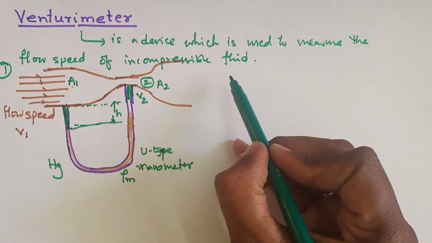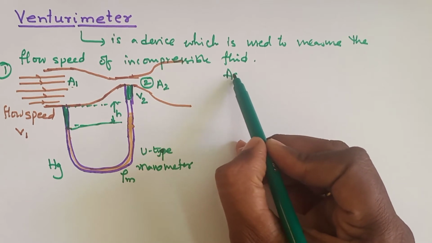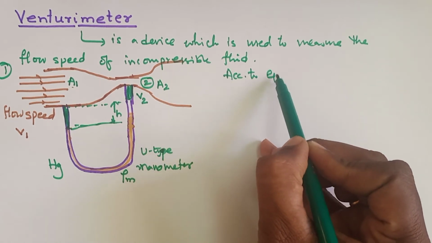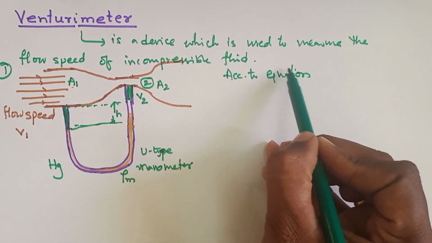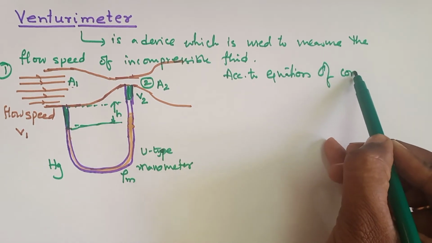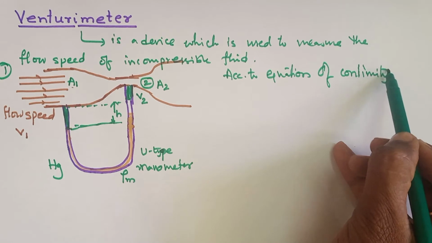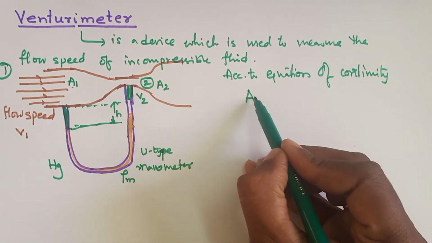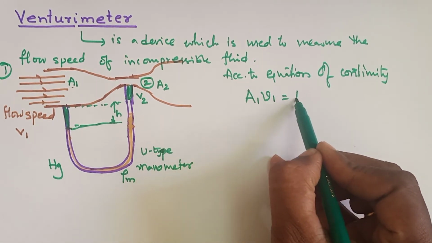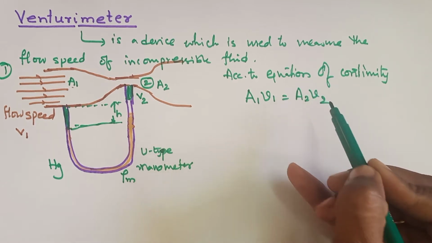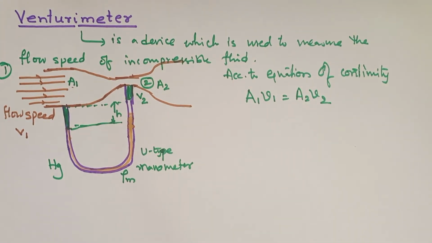According to the equation of continuity, A1 V1 is equal to A2 V2.